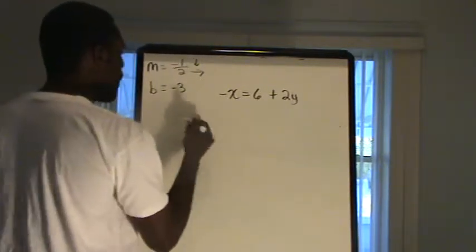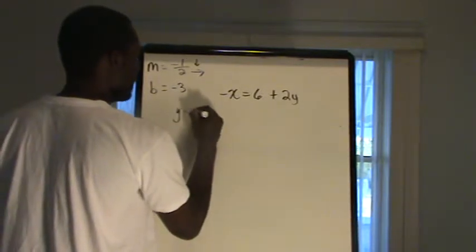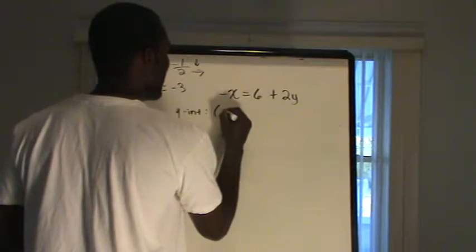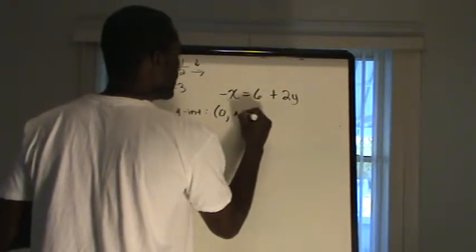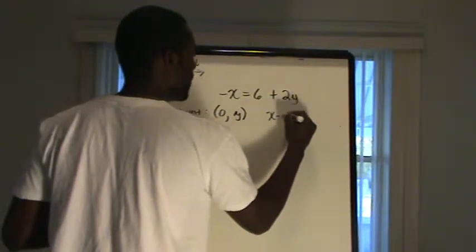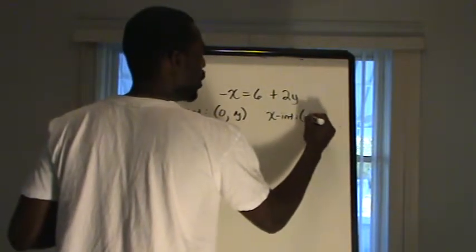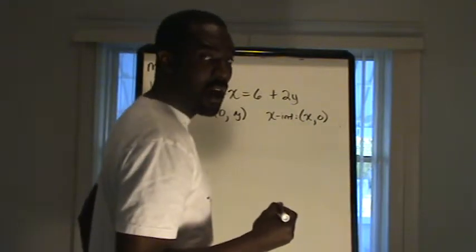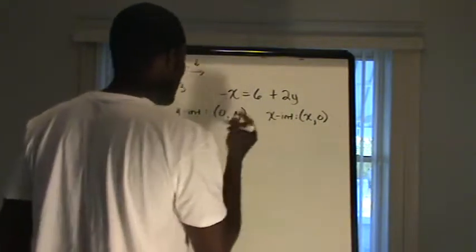When we solve for our y-intercept, the ordered pair will always have x as 0, and we search for a y. Likewise, for our x-intercept, we search for the x, and our y-coordinate is always 0. So let's do that really quickly.